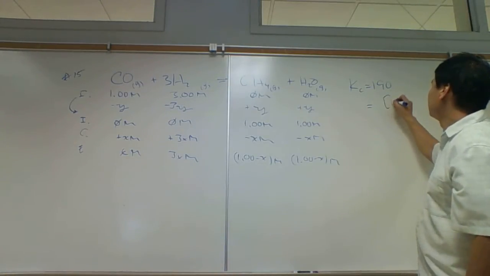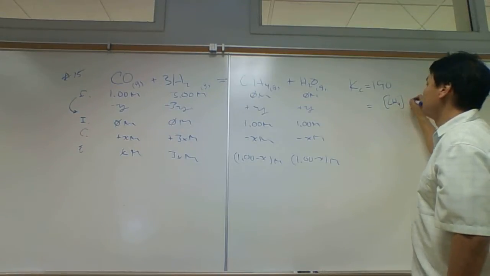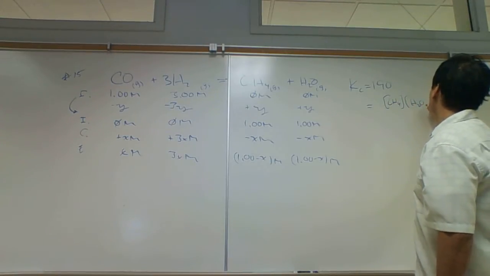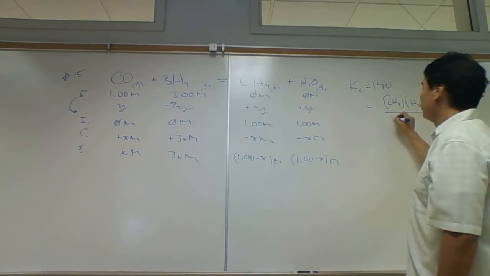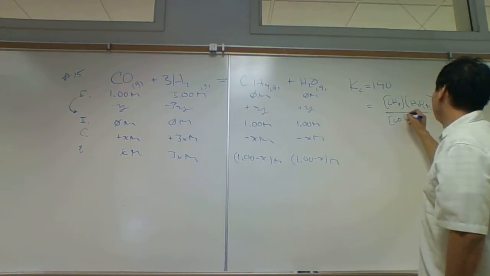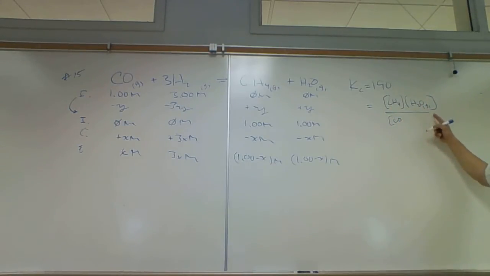Then Kc, this is concentration, so it's going to be methane concentration times the H2O gas concentration divided by the CO. I'll emphasize H2O because we handle H2O differently, again, whether it's a gas or a liquid. If it's a gas, then it participates. If it's a liquid, it doesn't participate. So this is going to be CO, and then the H2 cubed.